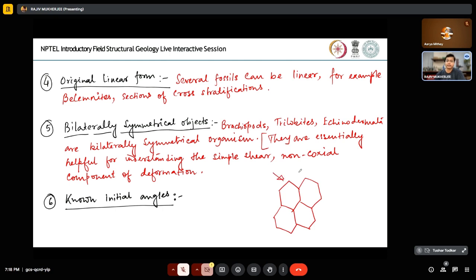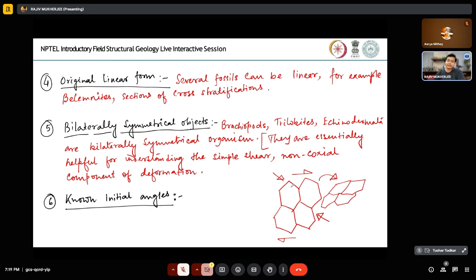I have a normal component like this, and I have a shear component like this, and eventually they would turn like this. After deformation, say for example, this is how it is changing.